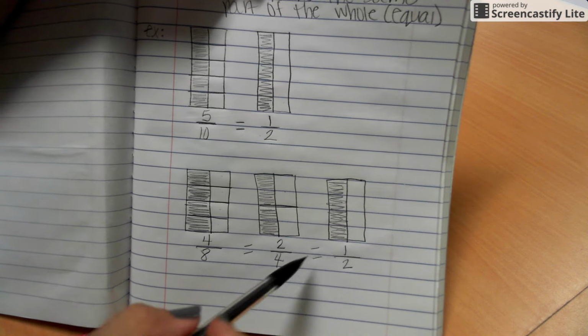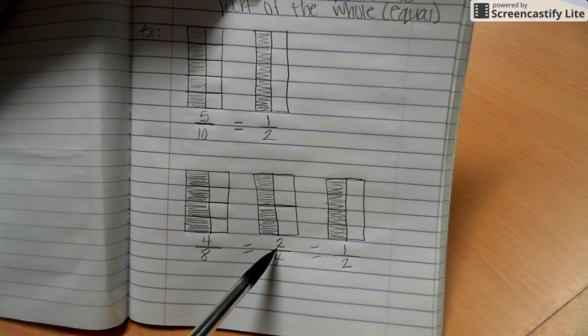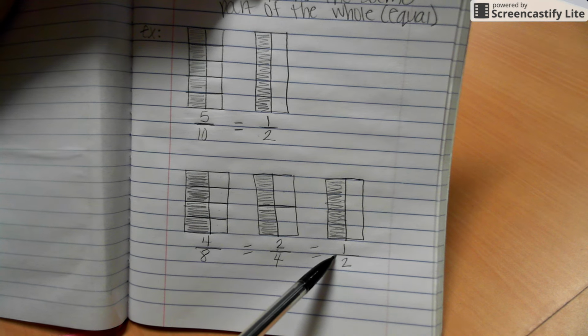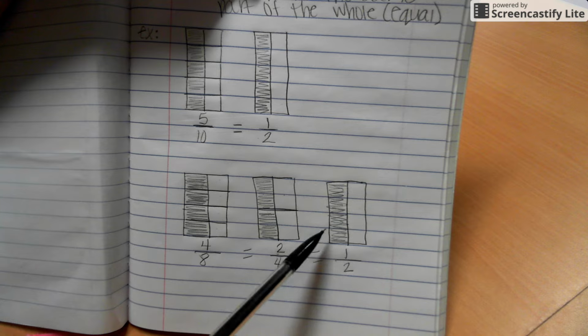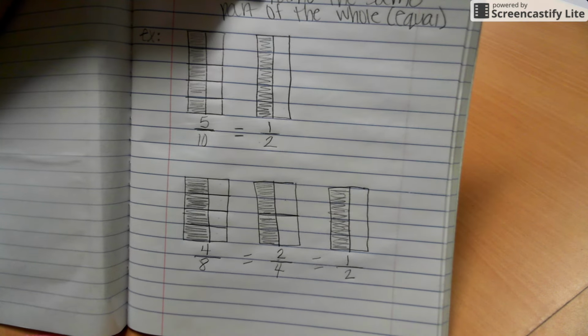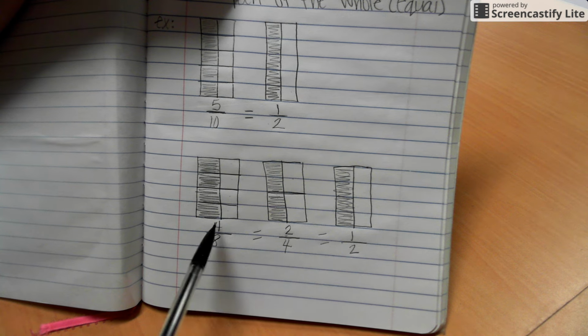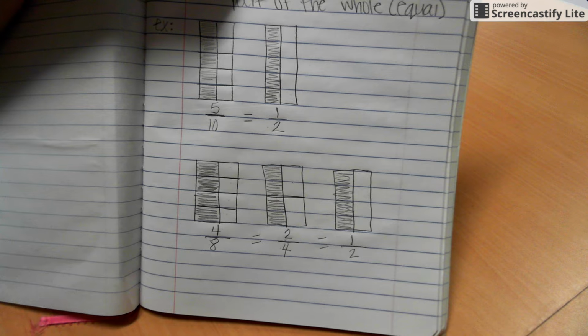So that tells me that 4/8 is equivalent to 2/4, which they're all equivalent to 1/2. Well, I also know 5/10 is equivalent to 1/2 because that was equal also. And a way that I know that is 8 divided by 2 is 4. 4 divided by 2 is 2. So that's just a way I can check it.